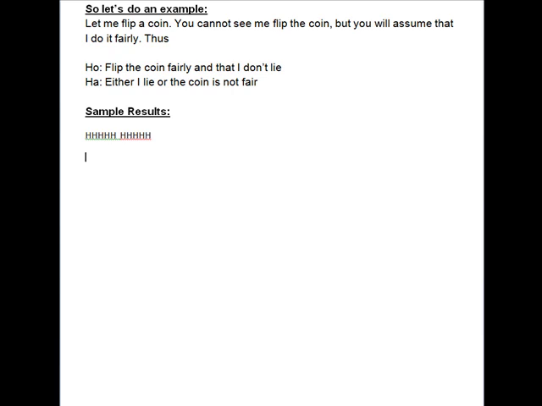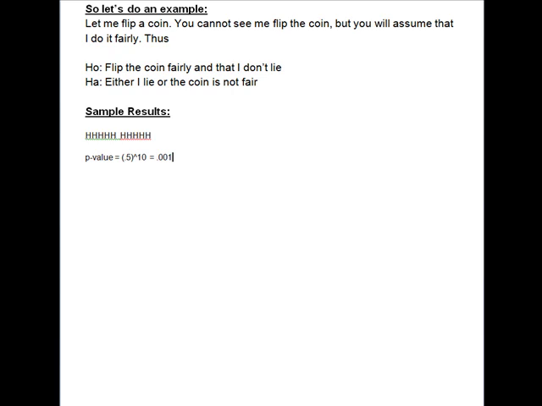Now that's probably pretty unlikely, right? So let's actually calculate the p-value, the probability of obtaining a sample result or more extreme. What's the probability of getting 10 heads in a row? The flip of a coin is 0.5 to get a head, and 10 in a row, by the multiplication rule, we raise it to the 10th, which is equal to 0.001, basically. Pretty darn low.